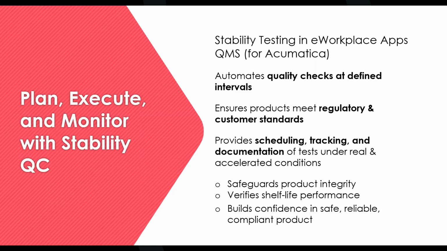And clearly they have their own internal standards. It provides the basis to document what I want to do, and schedule it. So when do I need to do it? And then it does track the results in history, much like we do with all of the other QC things that we do.